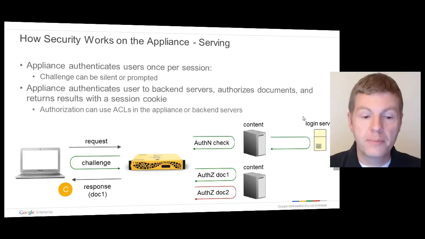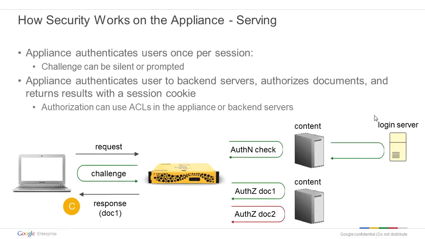At serve time, a user has to authenticate through the GSA in order to view search results. The GSA is going to receive the user's credentials, send them to an authentication repository, a login server, to authenticate the user, and then it's going to use those credentials to test authorization for each individual search result on the content server. We call this default approach late binding.